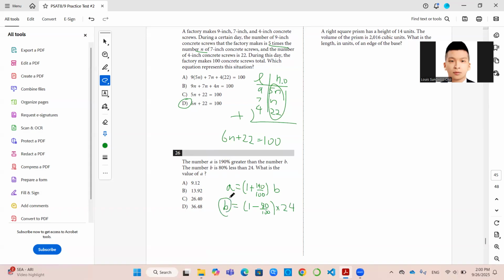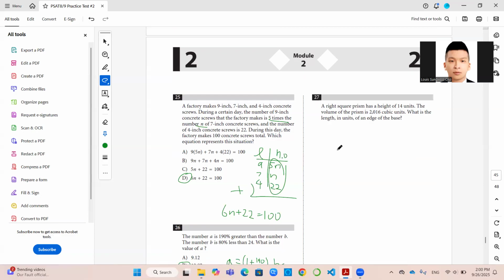So put this guy over here. It becomes A is equal to 2.9 times 0.2 times 0.4. And you'll get B as your answer.